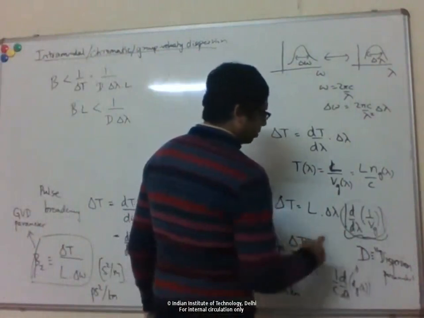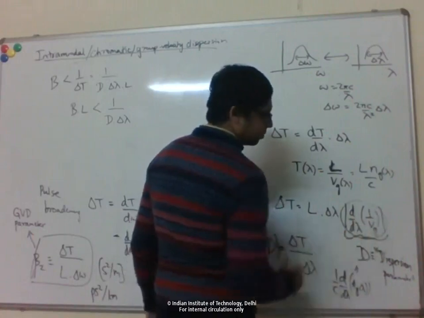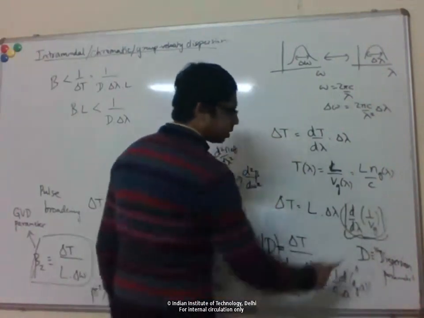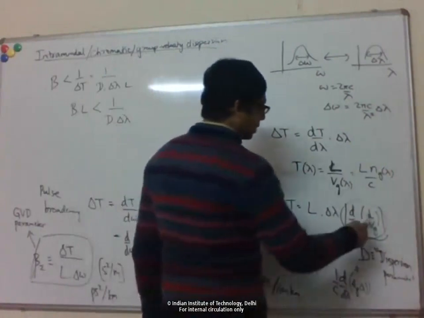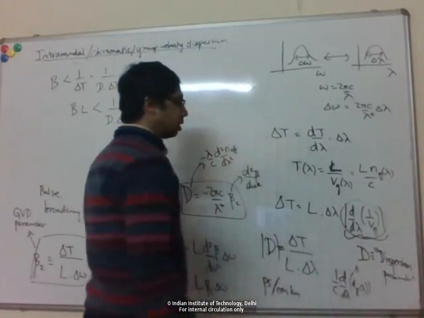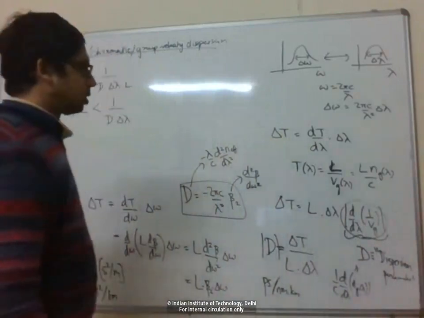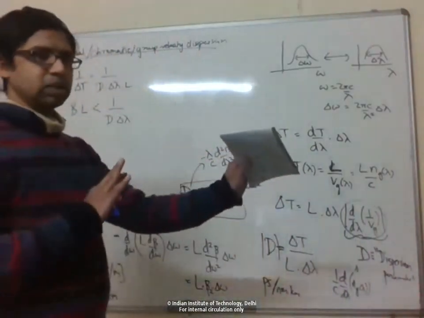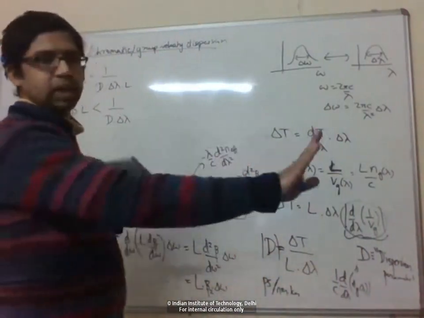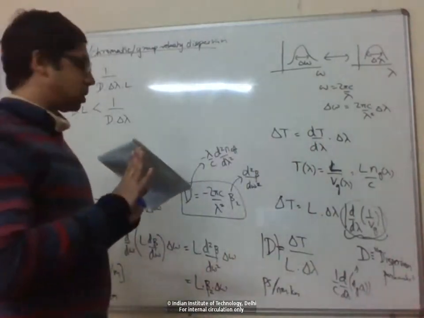So for example, if D is positive, that means that 1 over Vg increases with wavelength, or equivalently Vg decreases with increasing wavelength. Which means higher wavelengths travel slower for positive D, and for negative D, higher wavelengths travel faster. So in one case the lower frequency components will arrive first, and in the other case the higher frequency components will arrive first, but in both cases you will get broadening, assuming that you start with all frequency components starting together.